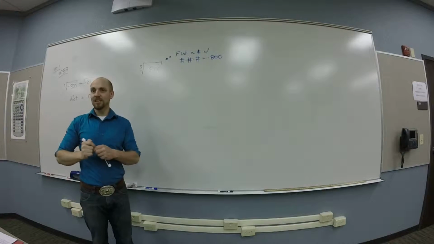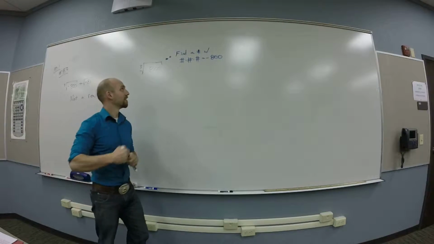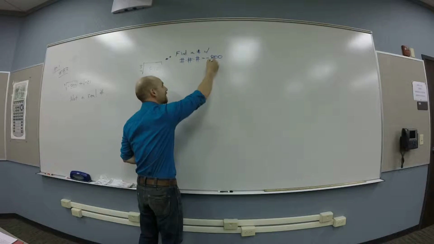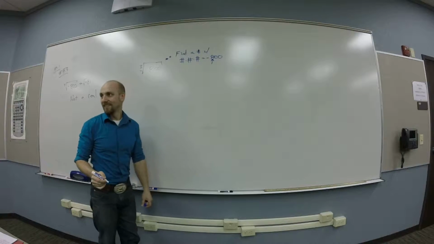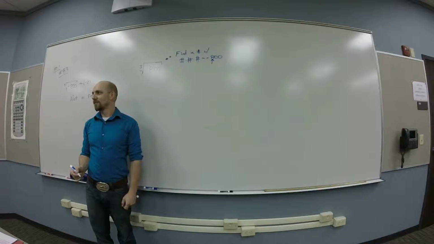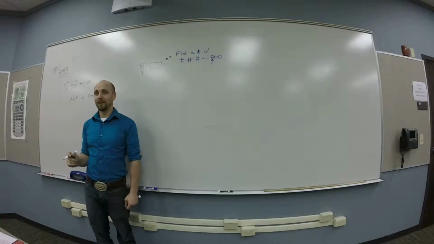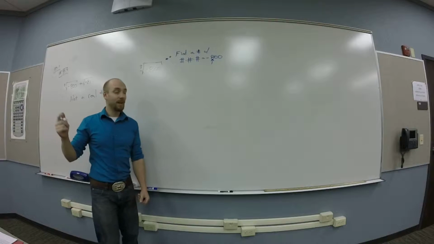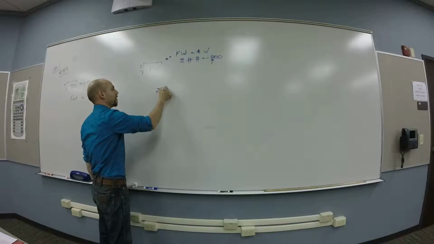Some of you are seeing this 2, right? It comes from this 8. You're seeing this 8 and you're thinking, I know 8 is 2 cubed. And then there's 100 left over, so it might be 200, right? But the 100 doesn't work. We've got 1,000.